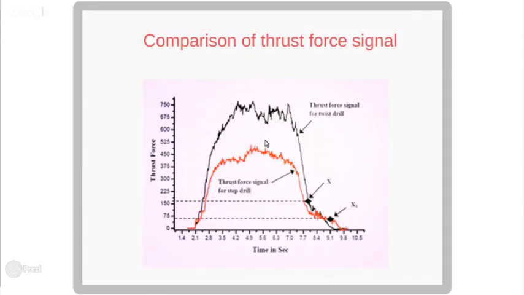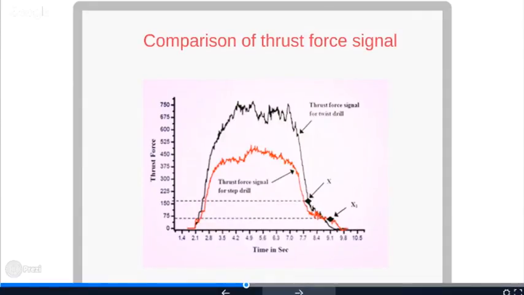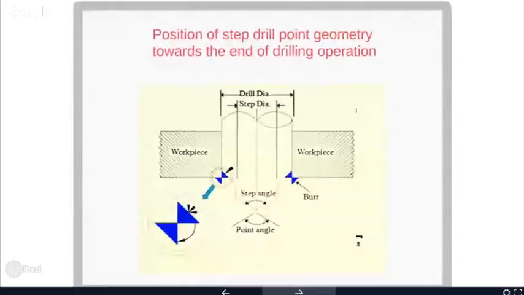And the burr formation is also negligible in the case of the step drill. So this is basically a comparison of the thrust force signal for the twist drill as well as for the step drill.